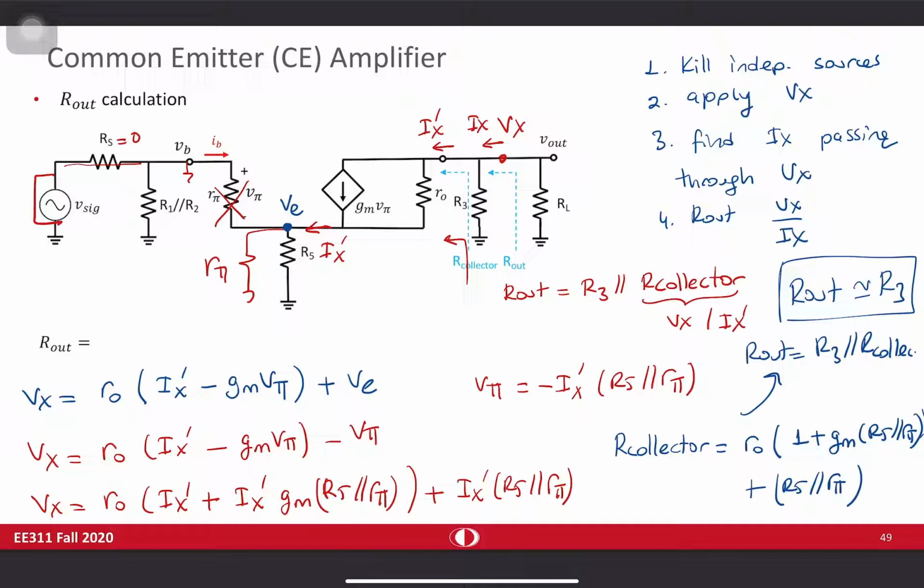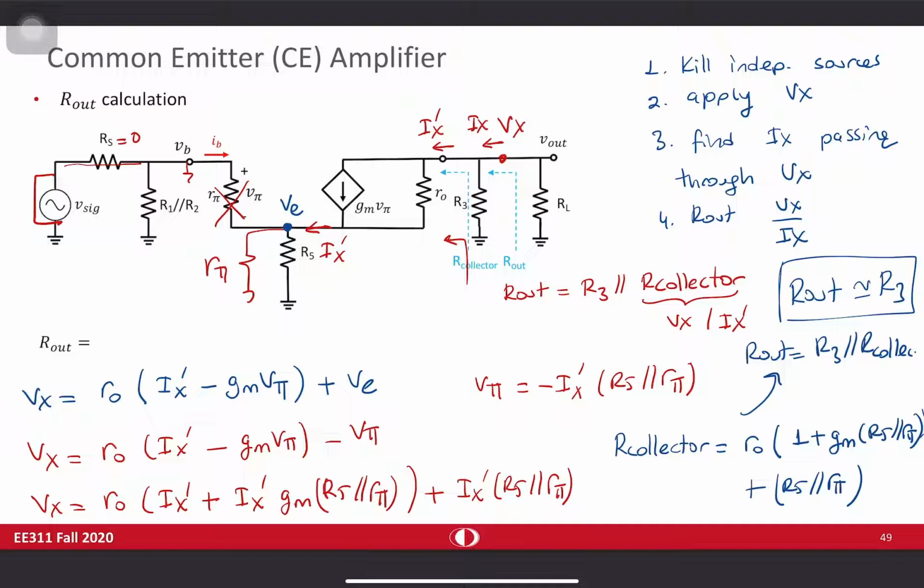One important thing in here, when I am finding this Ix prime and finding the resistance seen from here, some of your friends can ask, why don't we use reflection? How come this current is going like this and this without using that beta or beta plus 1 thing?